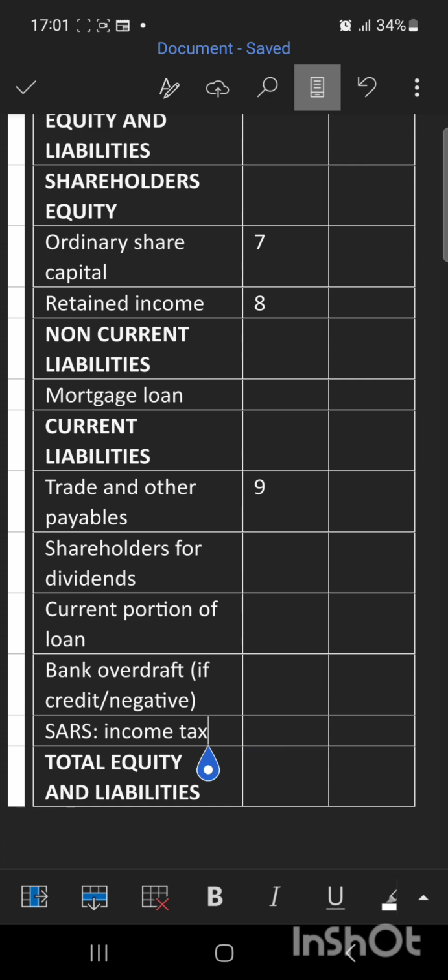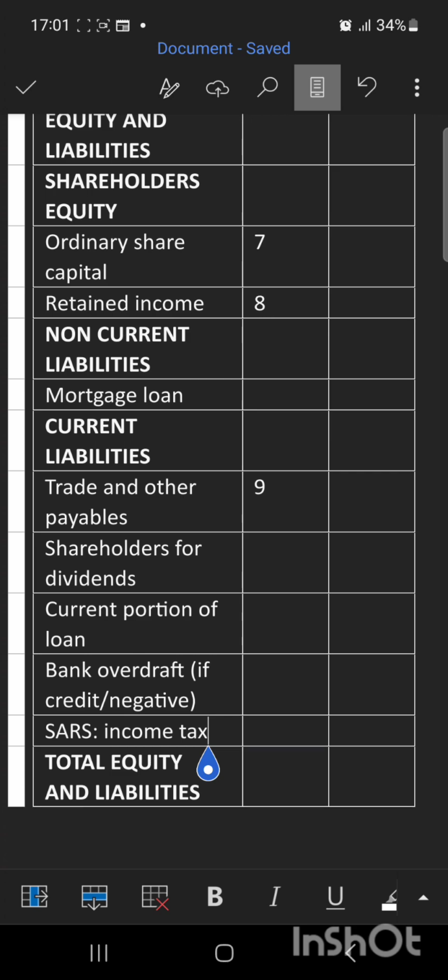Now we need to check the trial balance. The trial balance will show us the provisional payments, meaning this is the amount that the business has paid towards the tax. If that amount is lower than the income tax for the year, then SARS income tax will fall under current liabilities.